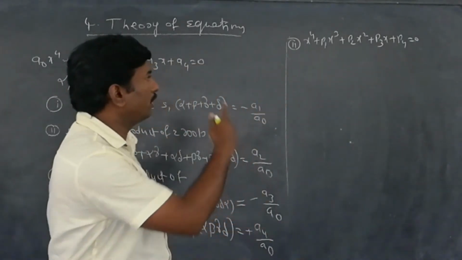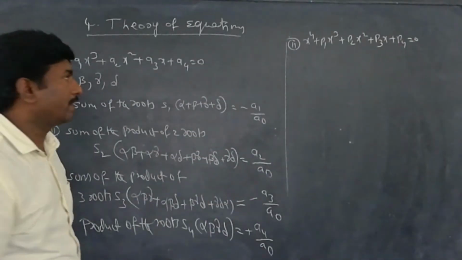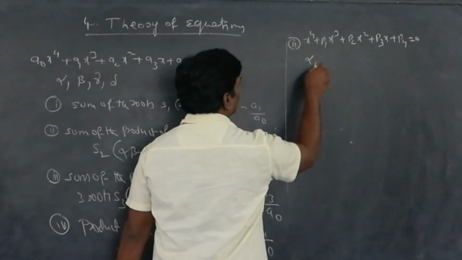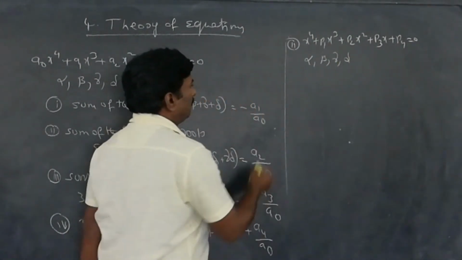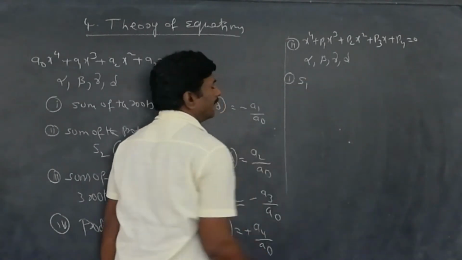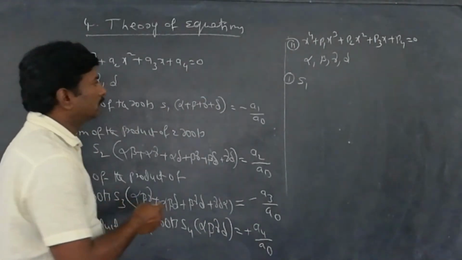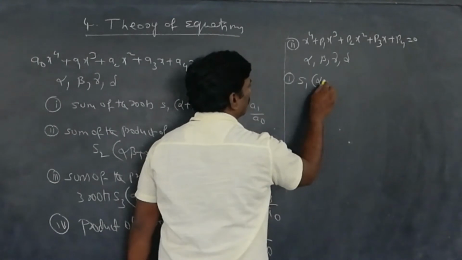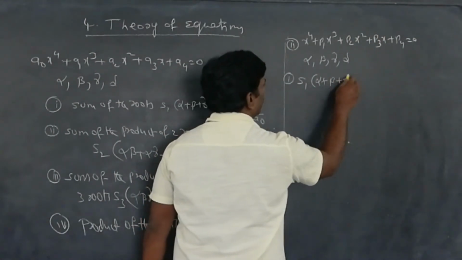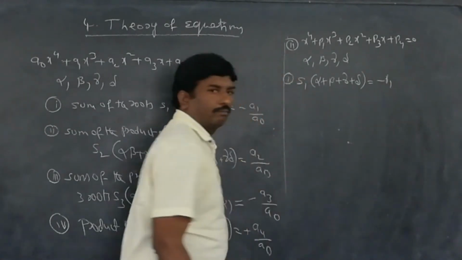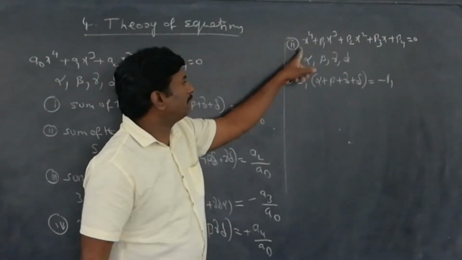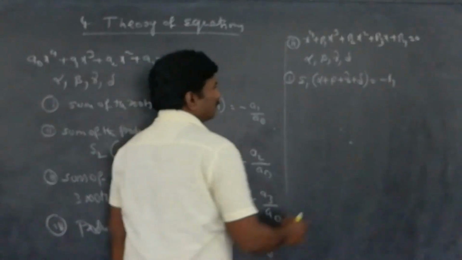Suppose here the roots are alpha, beta, gamma, delta. Now tell me the first condition. S1 is sum of the roots, that is alpha plus beta plus gamma plus delta, that is minus p1 by 1, minus p1 only. So minus p1.